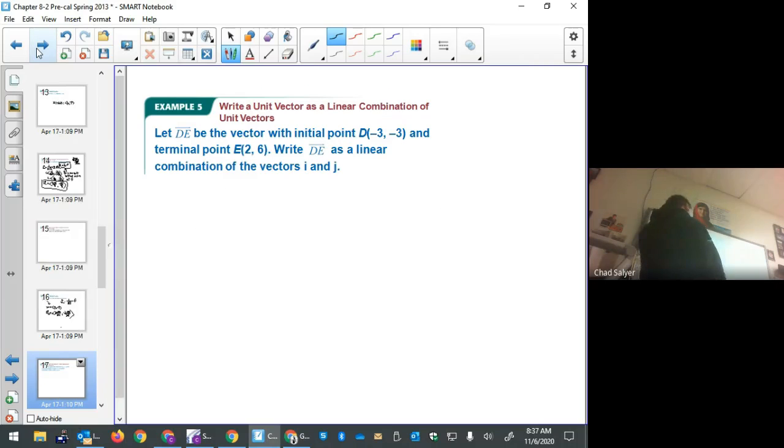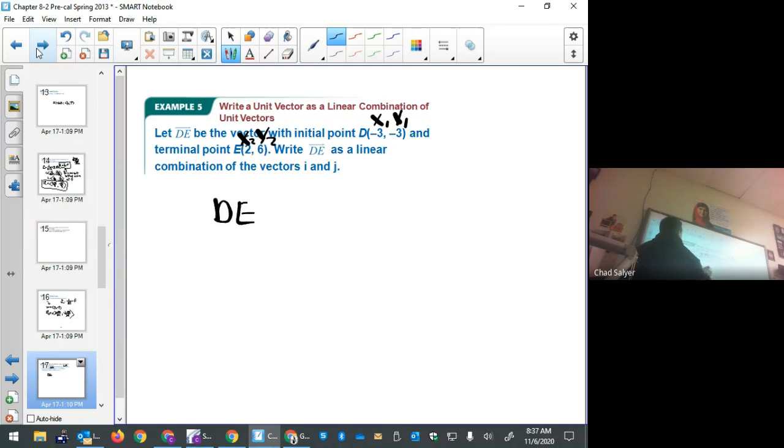Okay, so a vector is a linear combination of unit vectors. Here's our task. We've got an initial point and a terminal point. We need to define it in component form and then convert that component form to linear combination form using i and j. So first of all, x1, y1, x2, y2.